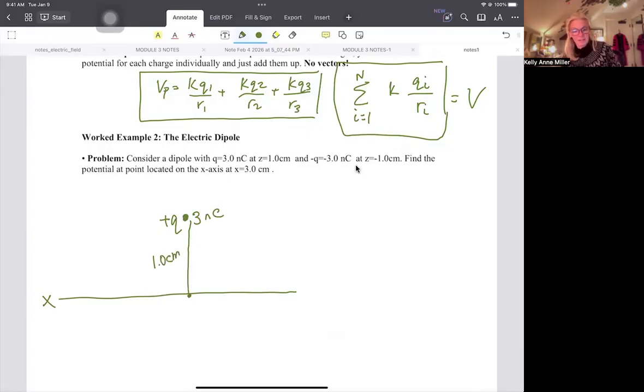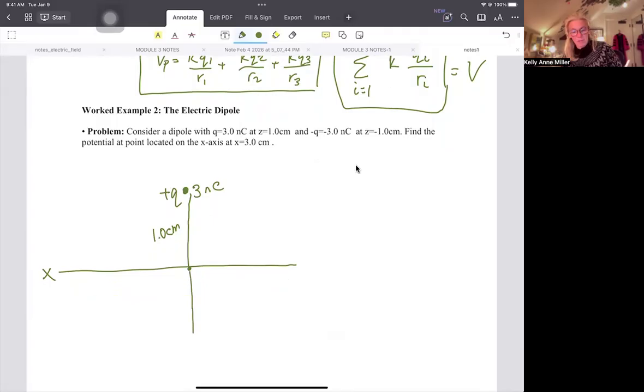Remember, a dipole is where you've got a positive and a negative charge that are equal and opposite, separated by some distance. So below the x-axis, at negative 1 centimeter, I've got my negative charge, equal to negative 3 nanocoulombs. Then I want to find the potential at a point located on the x-axis.